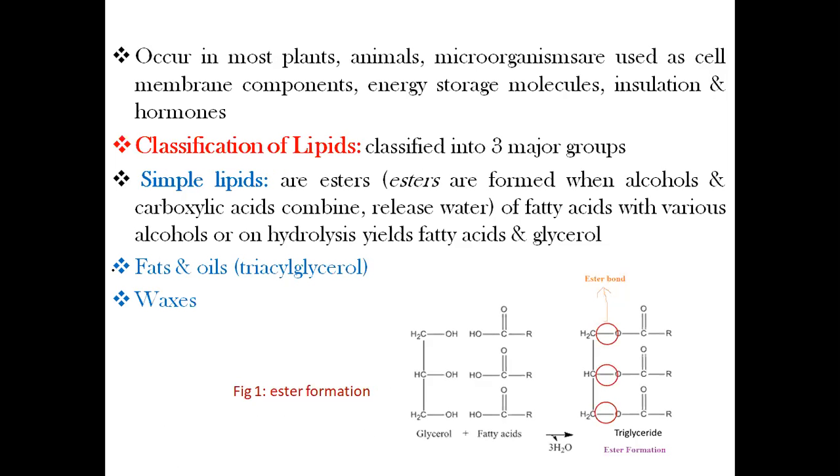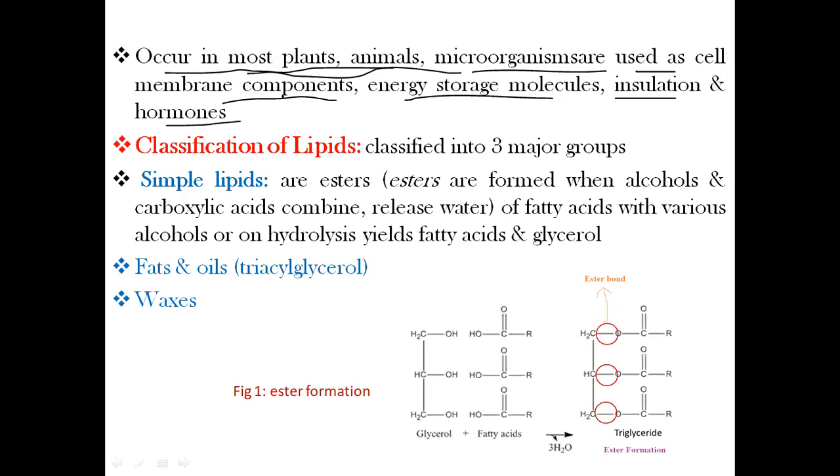Next, lipids occur in most plants, animals, and microorganisms, and they are used in cell membrane components, as energy storage molecules, as insulation, and as hormones. So the uses of lipids are very diverse.